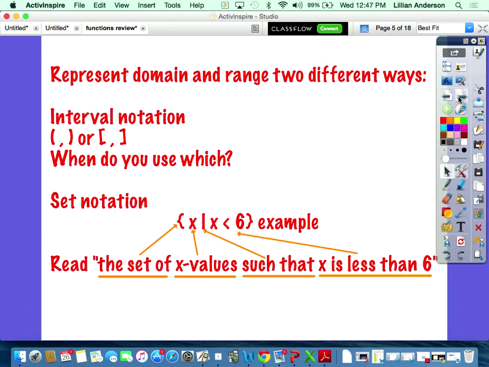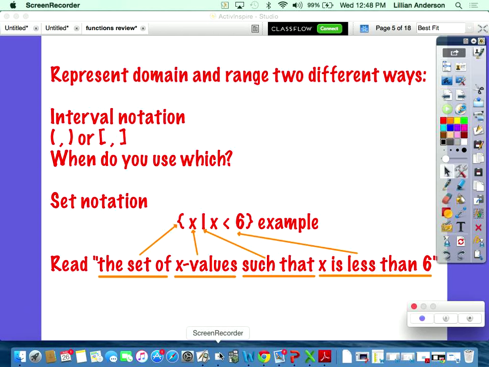And then there's set notation. It's read as the set of x values such that x is less than 6, as an example. Those are the curly brackets. Hope you guys haven't forgotten about that. For Trevor and AJ, have y'all seen that before? You use the colon? Okay.